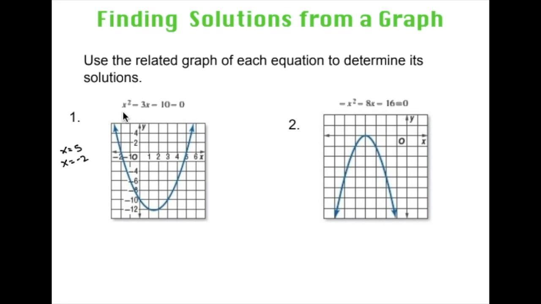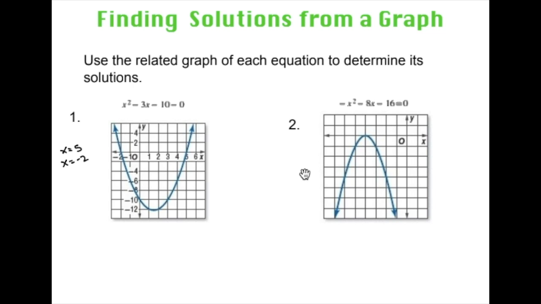And we want to know what is x when that equals 0. And when the y equals 0 is when it crosses the x-axis. So x squared minus 3x minus 10 equals 0. Then we graph the function y equals x squared minus 3x minus 10. And we get it here. And we get that our answers are 5 and -2, our solutions.